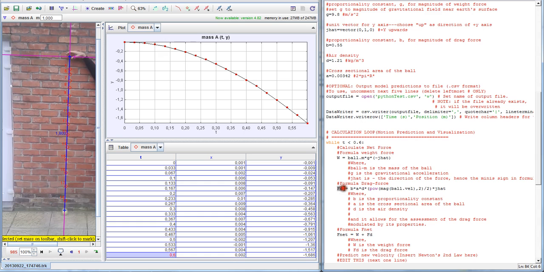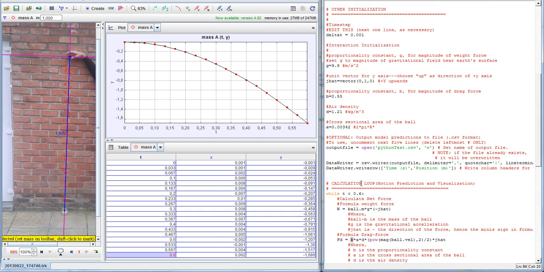The drag force is calculated given a proportionality constant, a cross-sectional area, the air density, and the velocity. You can see that here.